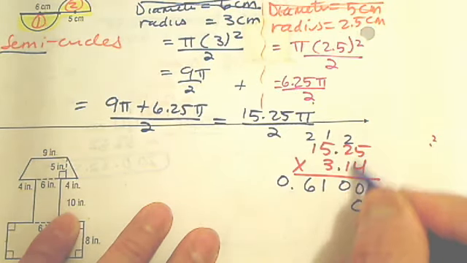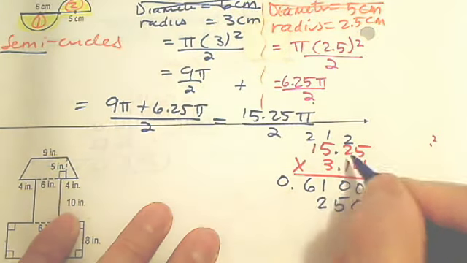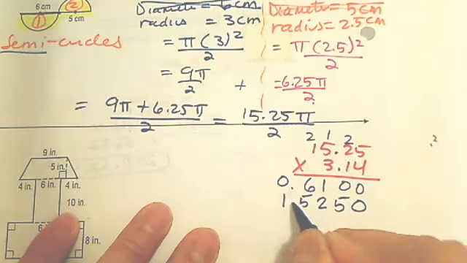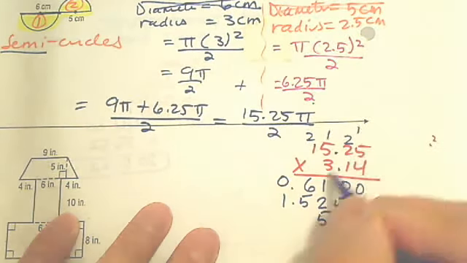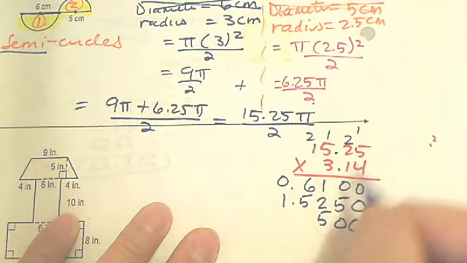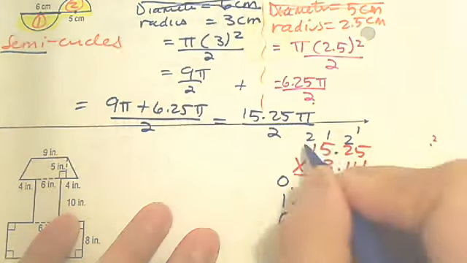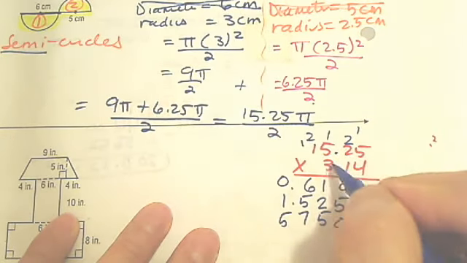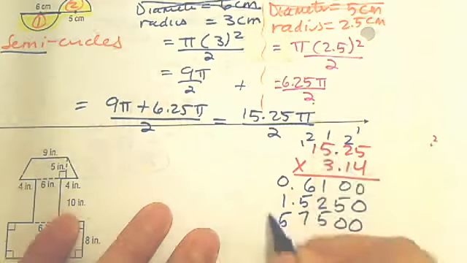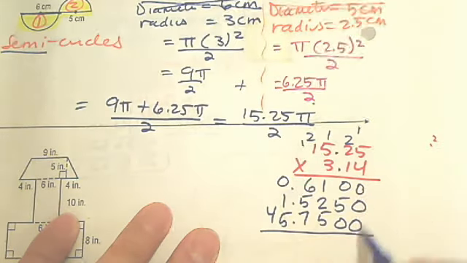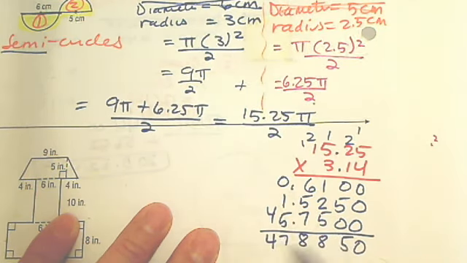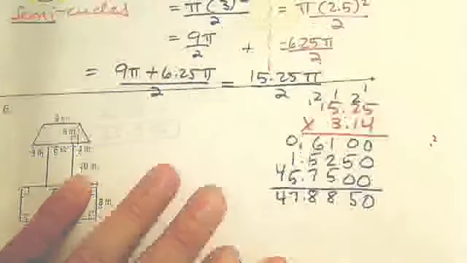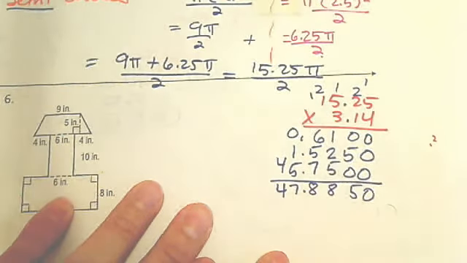Add a 0. 5 times 1, 2 times 1, 5 times 1, 1 times 1. 5 times 3, 15. 2 times 3 plus 1. 5 times 3, 15. 3 times 1 plus 1 is 4. Add it all up. 47.885.